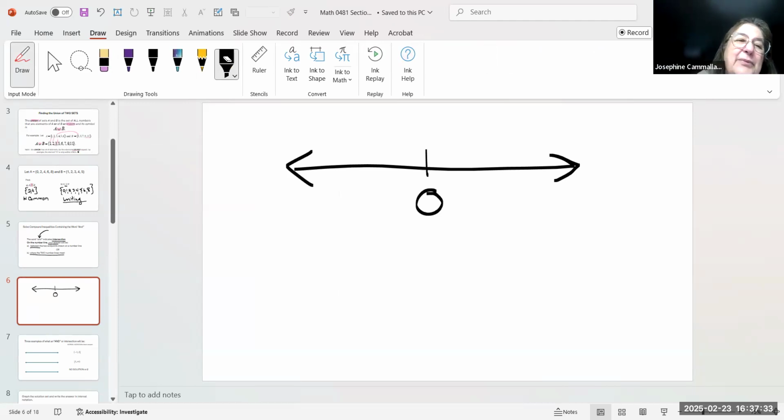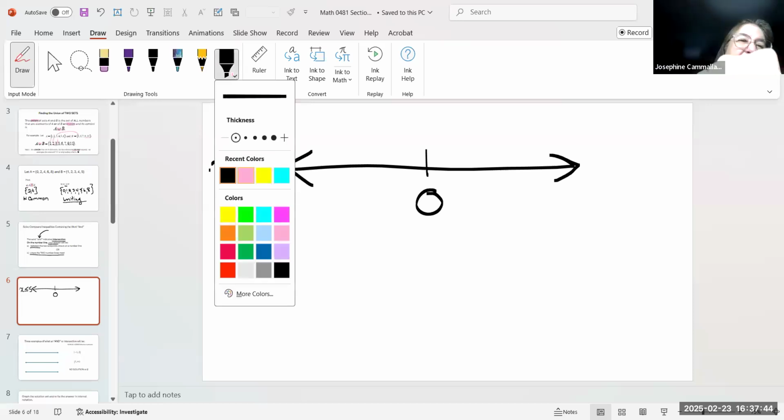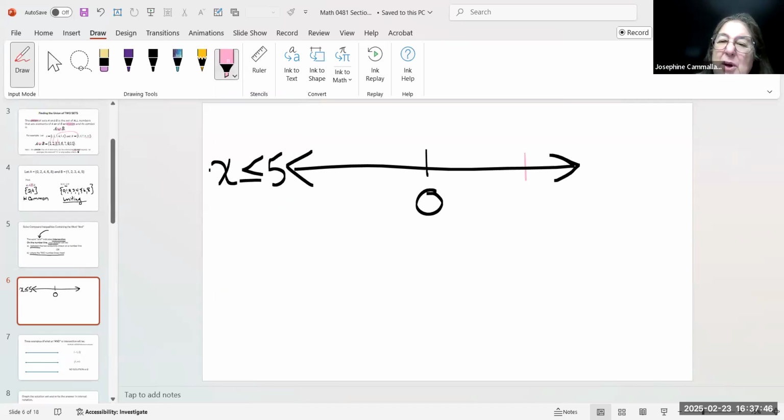This is 0, and we're going to say x is less than or equal to 5. Okay. Well, I'm going to have this graph where 5 is here. I have a closed circle, and I'm going this way.